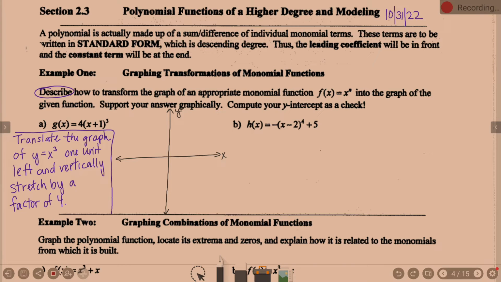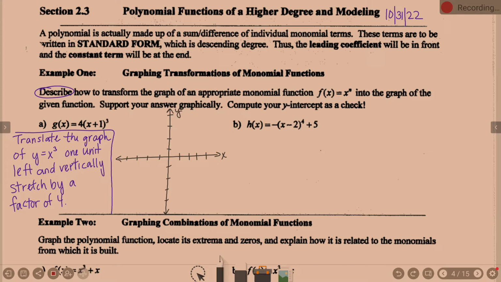I think I'm going to go 4 in each direction in terms of my tick marks there. Now, let's start with the basics.